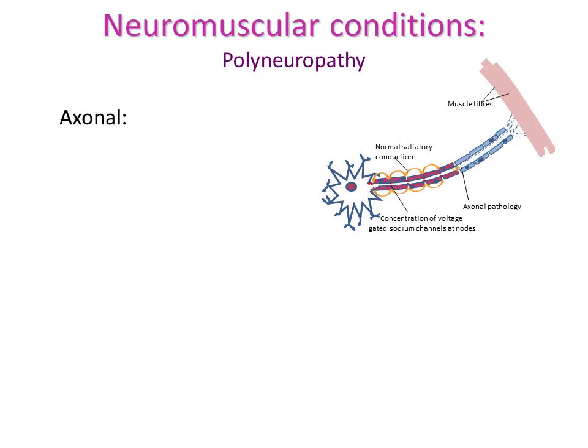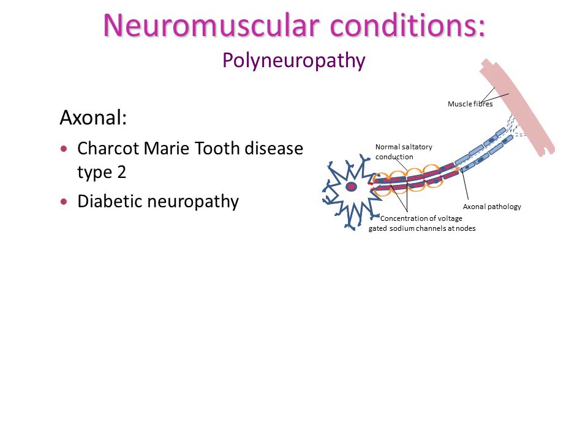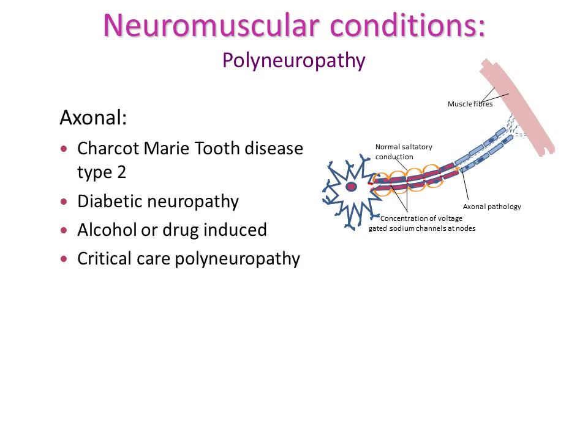Then there are axonal neuropathies, so where the axon itself is damaged or diseased and you get dying back of that. Charcot-Marie-Tooth disease type 2 is an axonal polyneuropathy. Also diabetic neuropathy, where the smaller fibres are often affected. Alcohol or drug-induced neuropathies are often axonal as well.